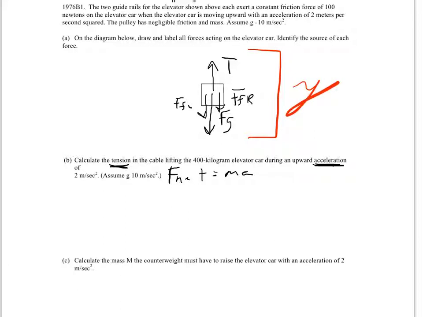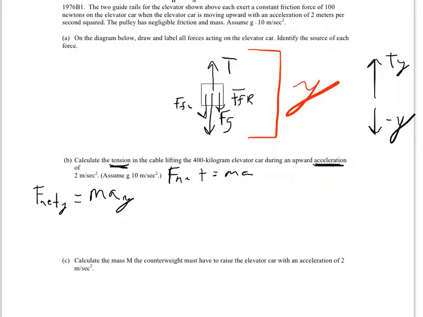We know the acceleration in y, it's 2 meters per second squared. We're looking for the mass, so we need F net. Here we go. The forces in y on that elevator car, if I bring this over here, tension, which is positive, minus force of gravity, or weight, equals mass times the acceleration in y.